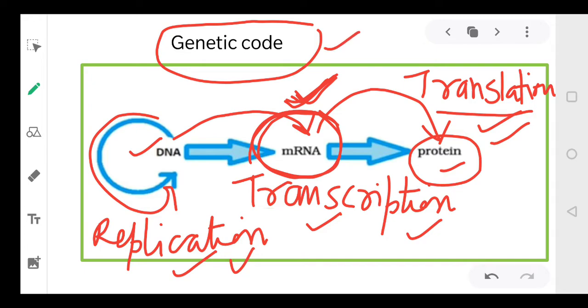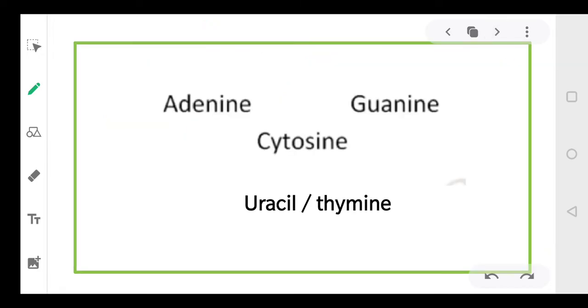That is the question we'll be dealing with today, and that is where the concept of genetic code comes in. So before we start with translation, we need to understand the genetic code. Now see, there are 4 bases.